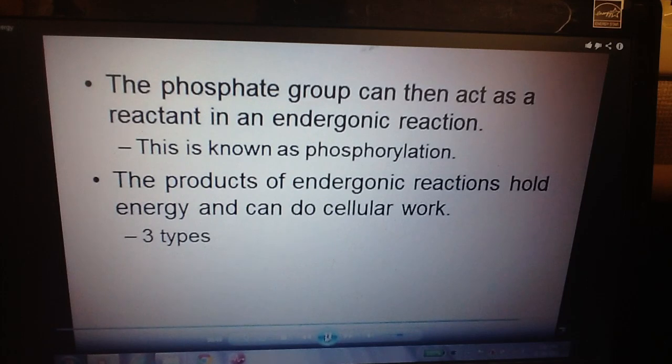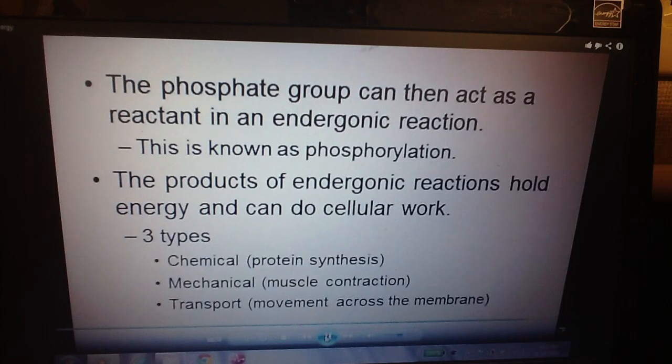And so when you do this, we have to remember that the endergonic reactions take in energy, but they allow you to do work. The 3 major types of work we're going to be looking at is chemical work, which is how we make proteins, mechanical work, which is really movement, and that's how we move our muscles, and then transportation. How are we moving things around?